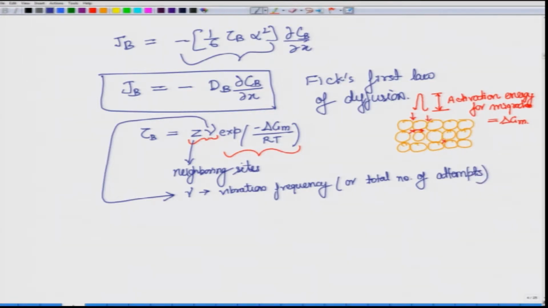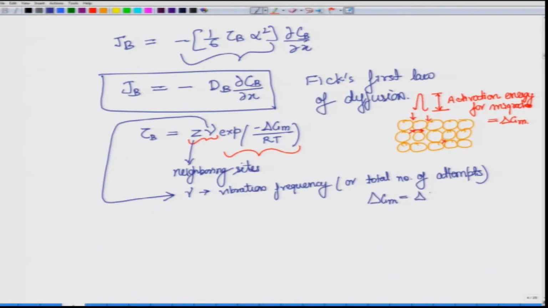So, for one particular site it is nu, and for Z neighboring sites it is Z nu. So, Z nu is the total number of attempts, out of which this fraction results in a successful jump. That is where we get this relation for tau b.